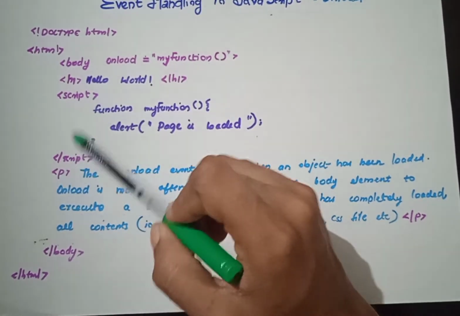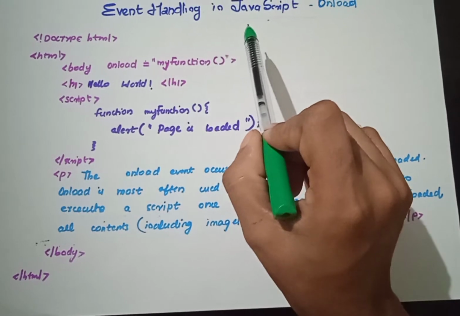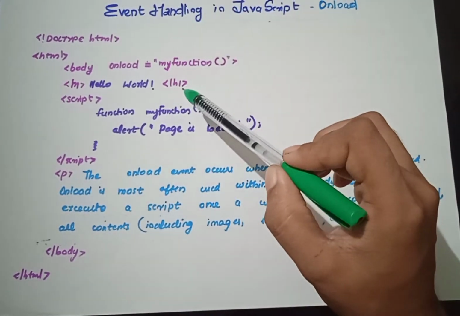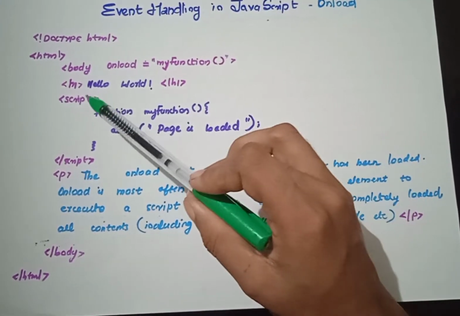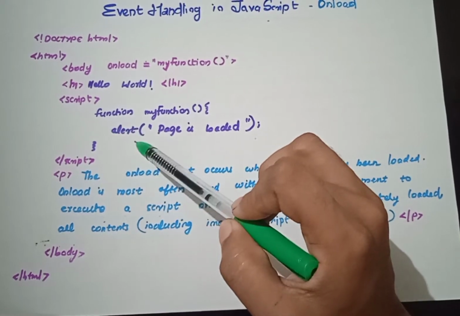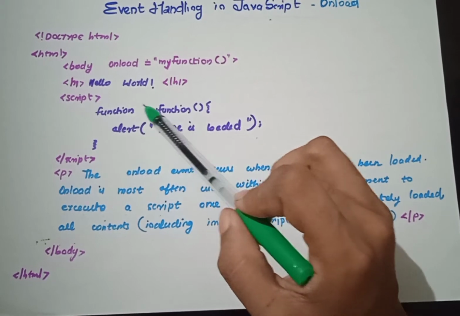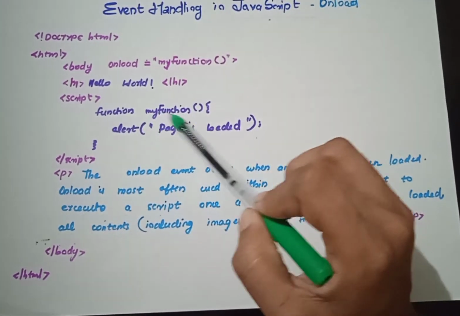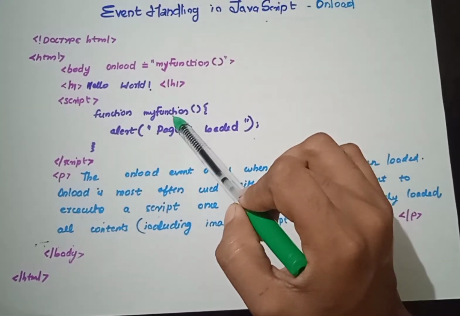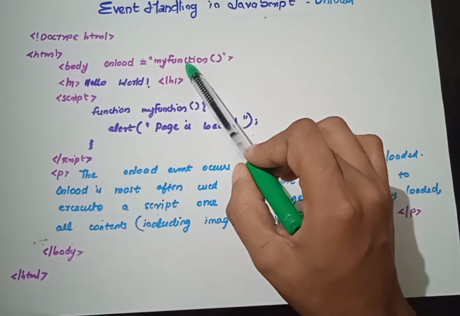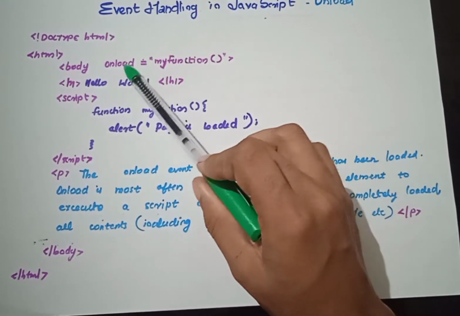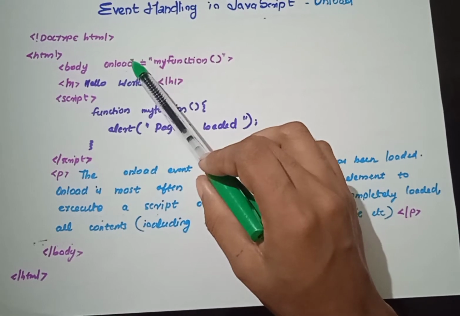Inside the script is our function, because this is JavaScript. The script is a tag to define the JavaScript, and inside that you can see the function is defined using the function name myFunction. That is the one we called here also, because that is the one to be executed when the onload event takes place.